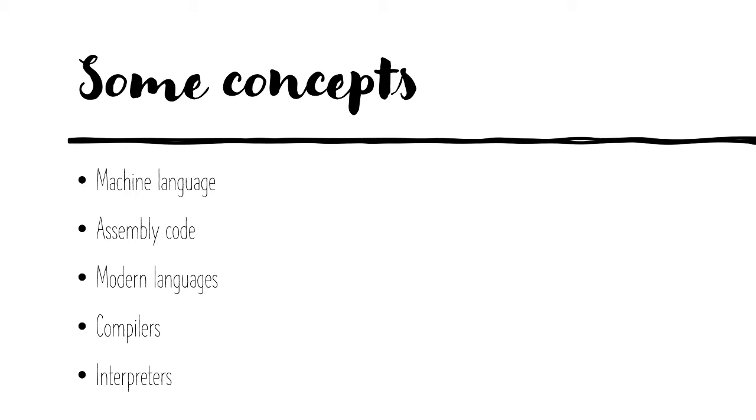So compilers will take a set of instructions written in a modern language, and they'll do a lot of things. Generally they will check for syntax, because modern languages are not exactly English, like I mentioned, not exactly like a spoken language. So add two numbers and add number one and number two might not be the same. I have to follow a set of rules. If I say add two numbers, then I should always say add two numbers, not add number one and number two.